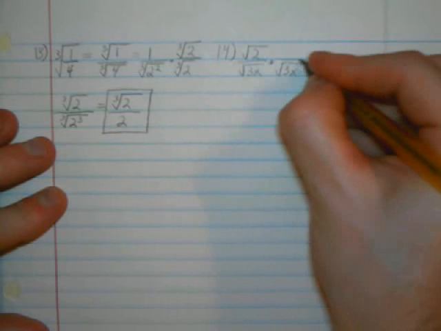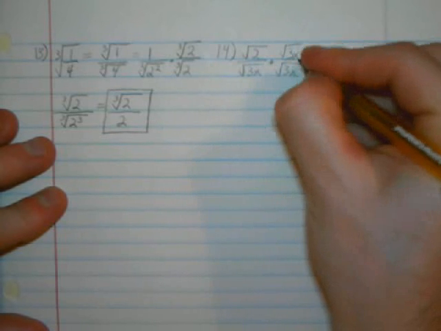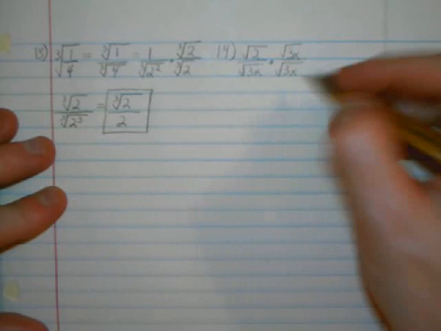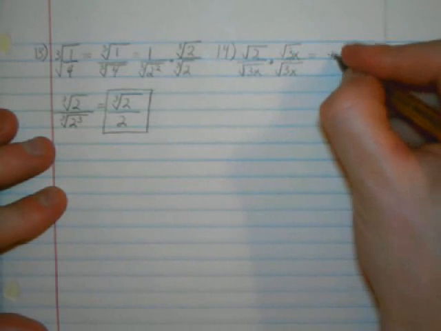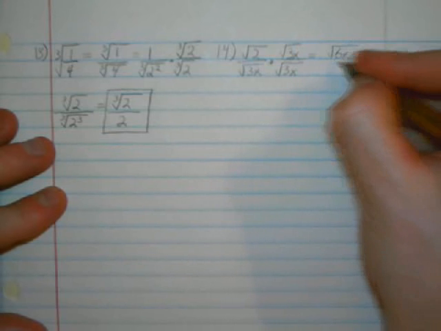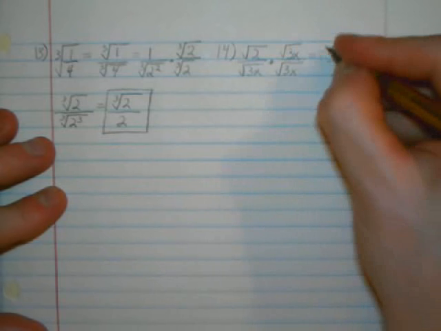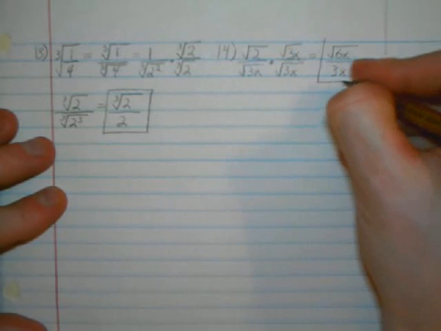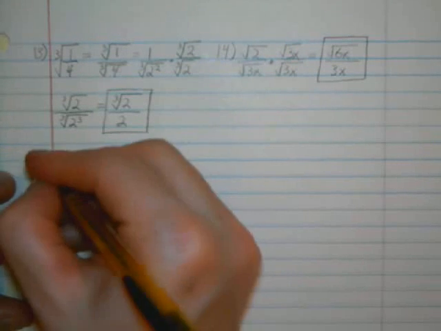I'm going to rationalize it by multiplying by exactly what's there, square root of 3x. Got to do that in the numerator and the denominator. When I multiply that, I end up with the square root of 6x divided by 3x. And there is nothing more I can do with that one.